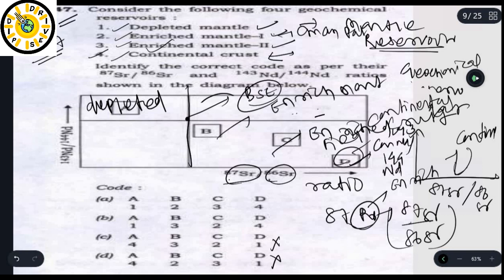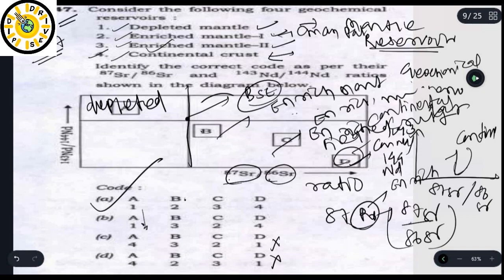And this is enriched mantle 1, as I just told. And C is the enriched mantle 2. So A will be 1 because it is depleted. See, in both A will be 1, right? And B will be 2. So A will be the right answer.